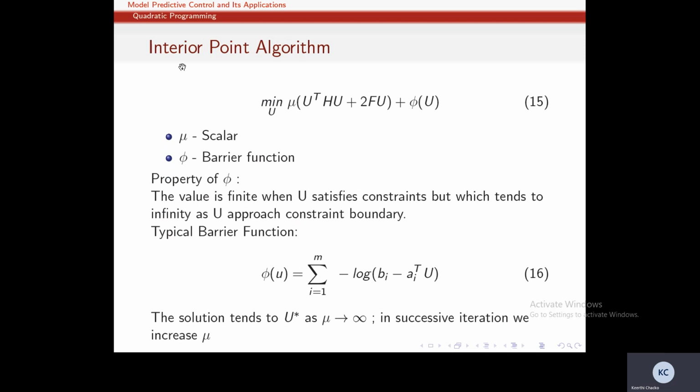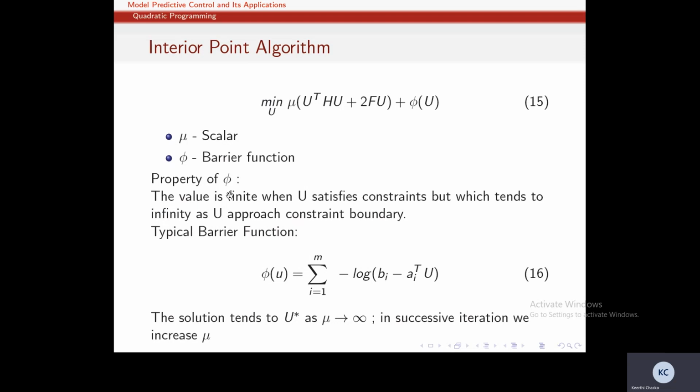In the interior point algorithm, we have a cost function and a constraint set. We write it in this form, where mu is a scalar and phi is a barrier function.